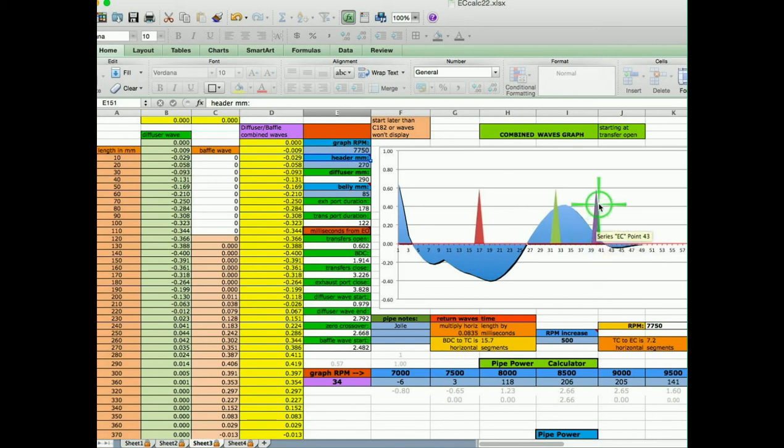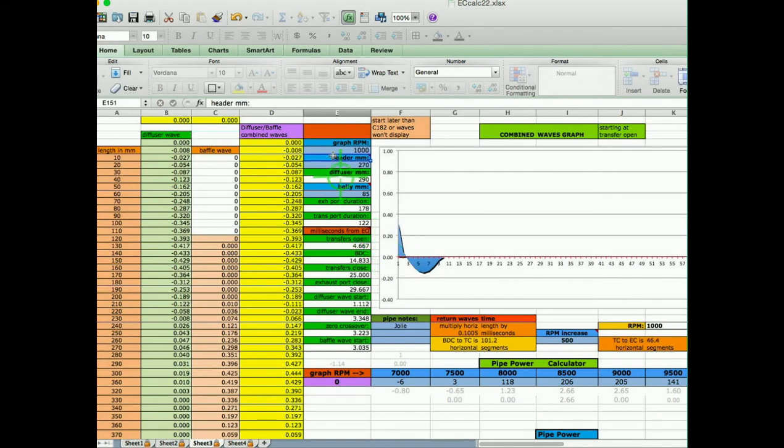The more pressure you have at the exhaust closing, the better off that is. The more supercharging effect you have. So basically, it's from the end of the baffle wave at EC to crossover at TC. That's your pipe power band.